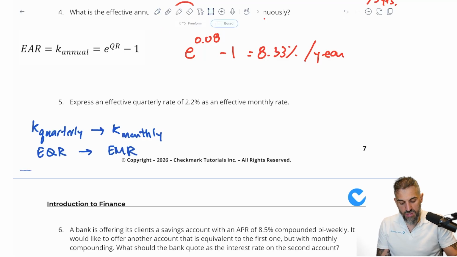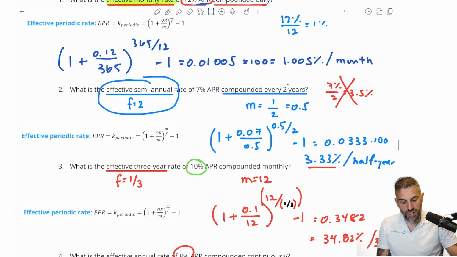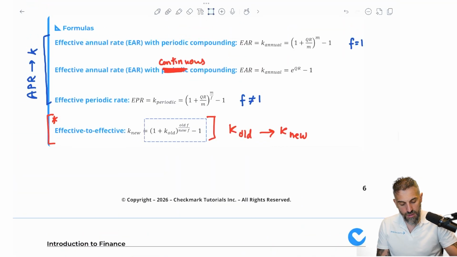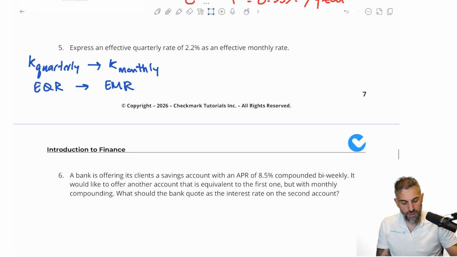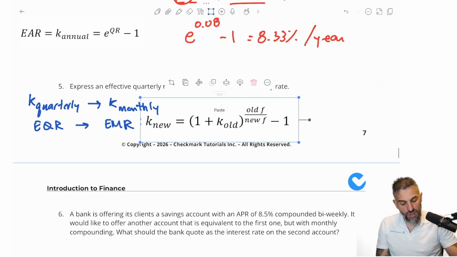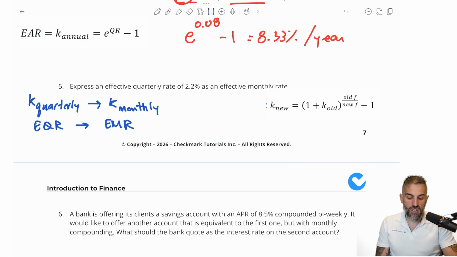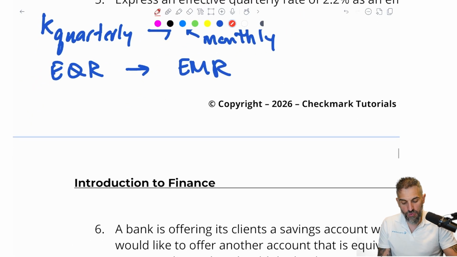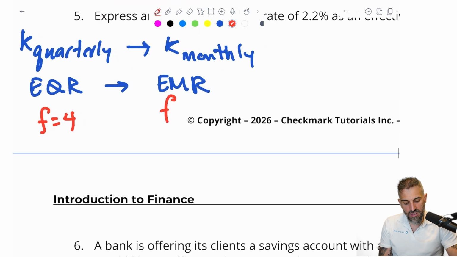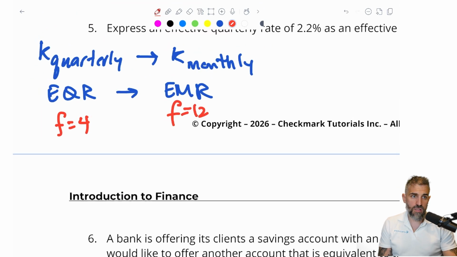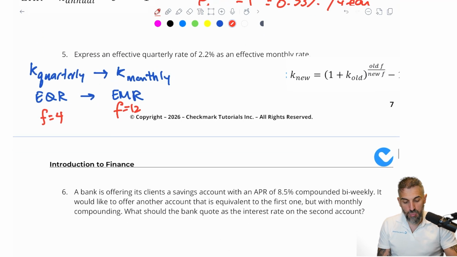This is where you would use that fourth formula, the effective to effective. So the only thing you really need, guys, is to identify the old F and the new F, the old frequency and the new frequency. So the old frequency here is 4 because my old rate was quarterly, and the new one is 12 because I want a monthly rate. And then that's it. You just plug it into this formula.